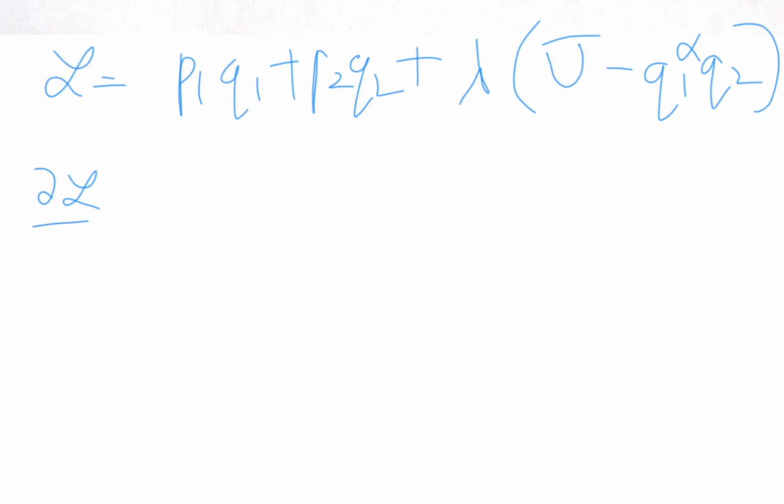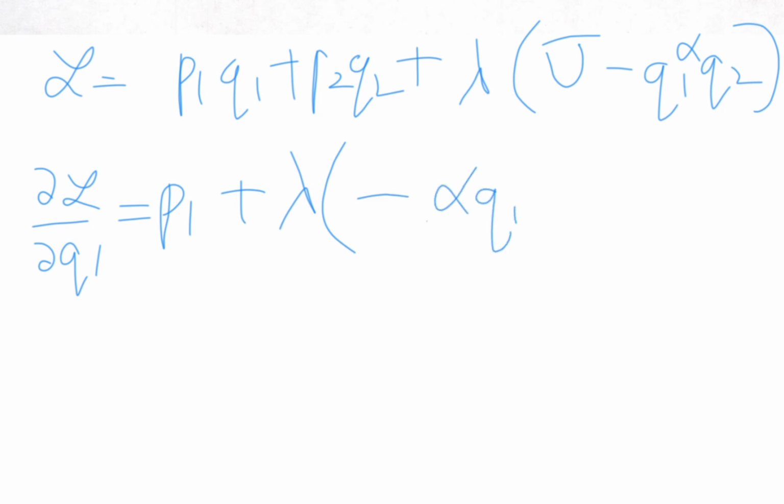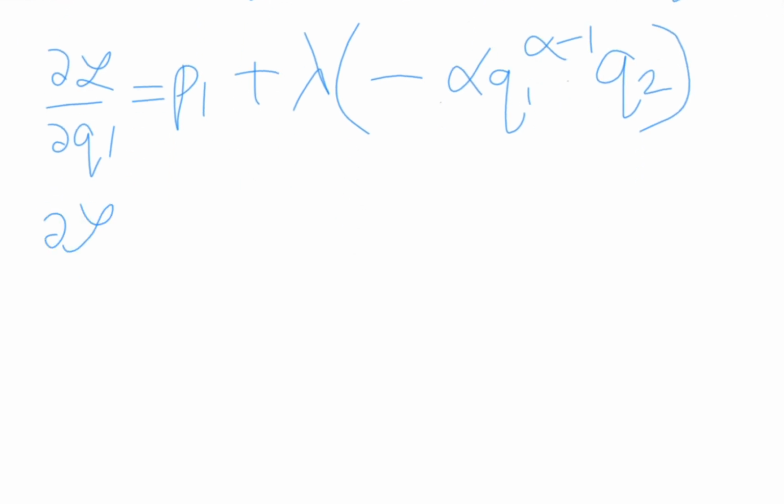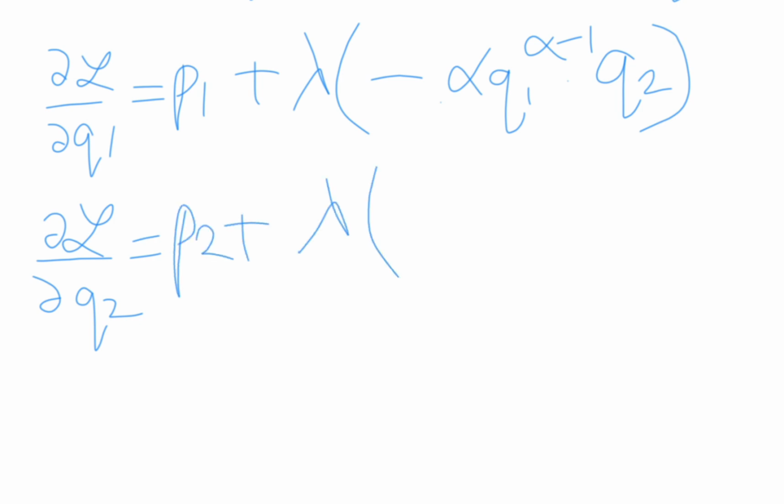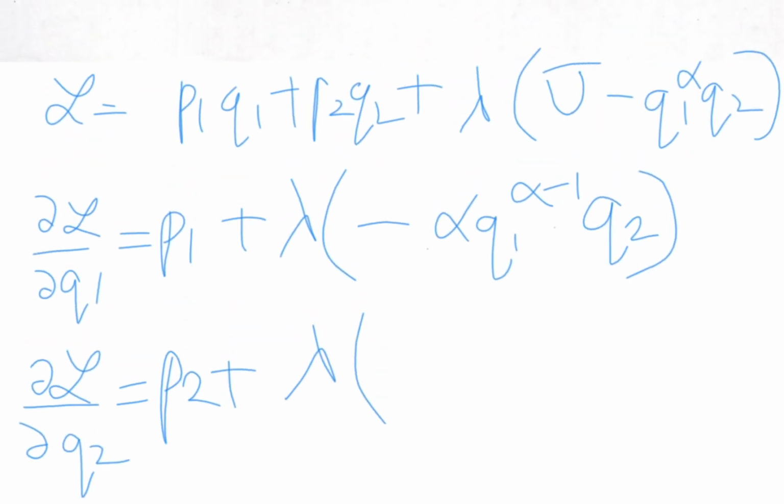Del L upon del Q1 is equal to P1 plus lambda times minus alpha Q1^(alpha minus 1) Q2. Del L by del Q2 is equal to P2 plus lambda times, what remains inside is minus of Q1^alpha. Put this equal to 0. Similarly for the first one.